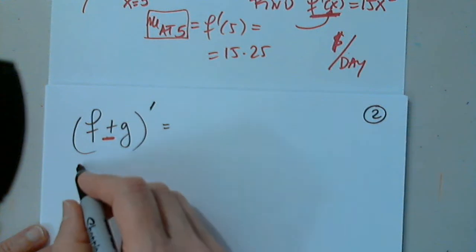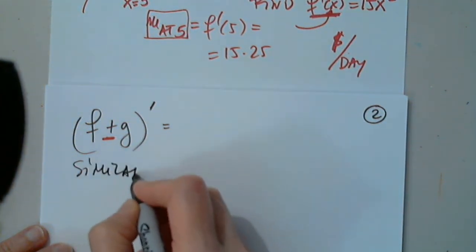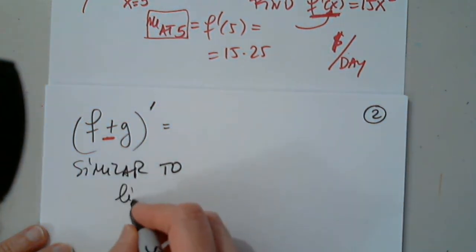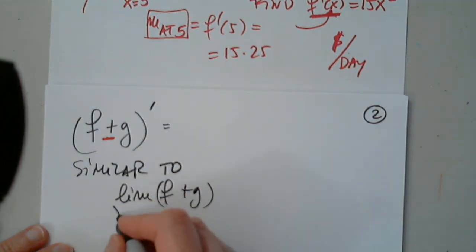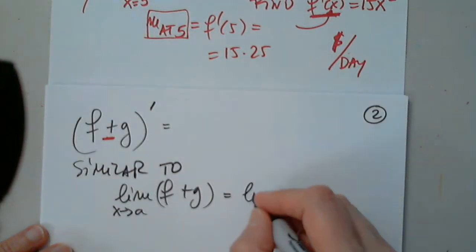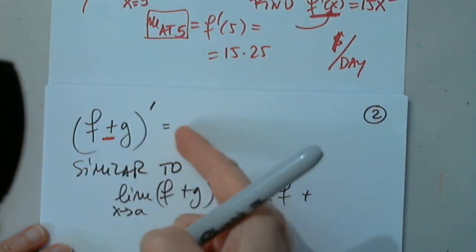It's very similar to the limit of f plus g as x approaches a. What was this equal to, assuming the limit of f is a number and the limit of g is a number? The limit of f plus the limit of g. That's it. So this is very similar.